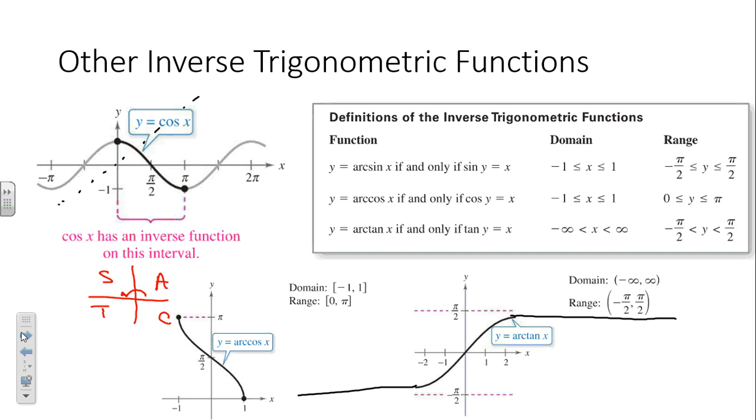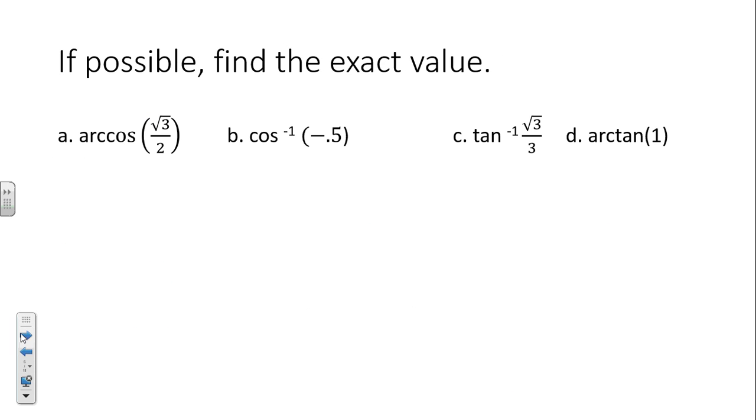Because it's going to approach those asymptotes, but it can be any value for x, positive or negative. But it's restricted between negative pi over 2 and pi over 2 for the range. All right, so let's apply it. If possible, we want to find the exact value for the angle whose cosine is the square root of 3 over 2. Inverse cosine, arc cosine.